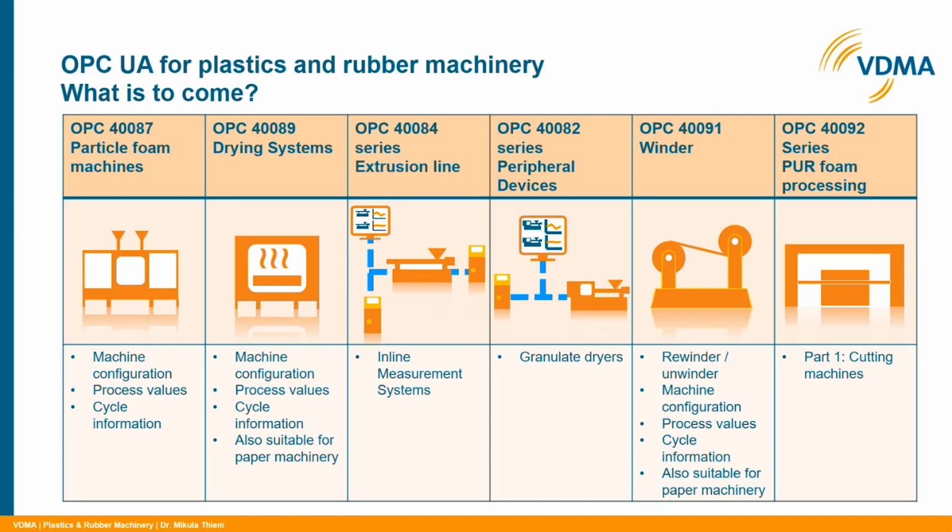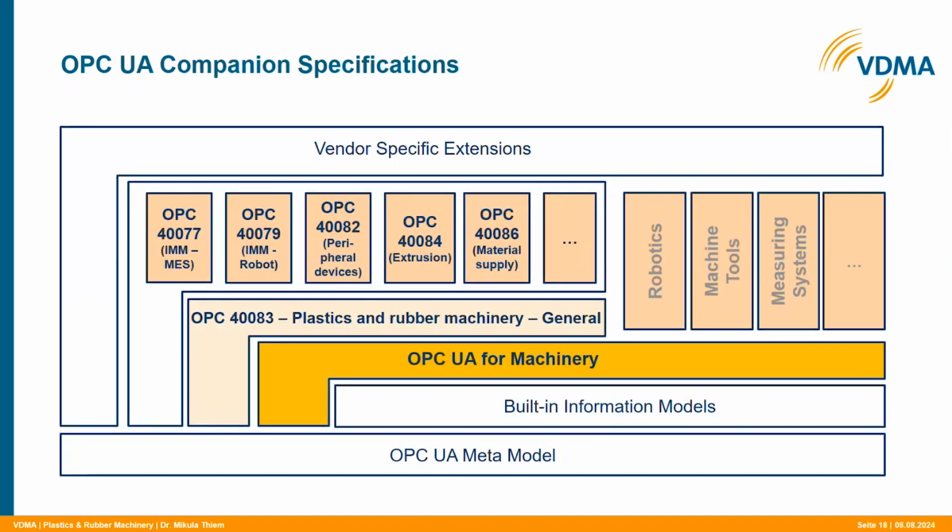And then we started this year a new specification series, 40092, for flexible pure foam production and processing. There we started with part 1, cutting machines. So you see there's a lot of work we're working on, and you can expect multiple specifications to be released soon in our industry.